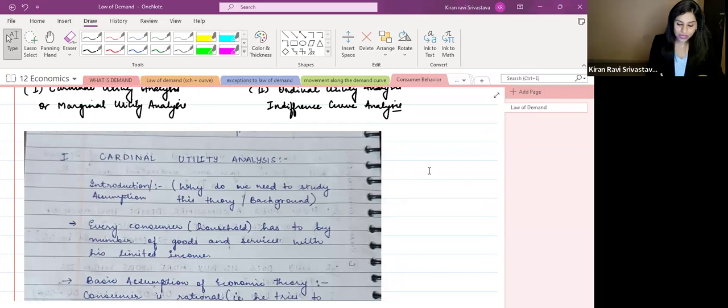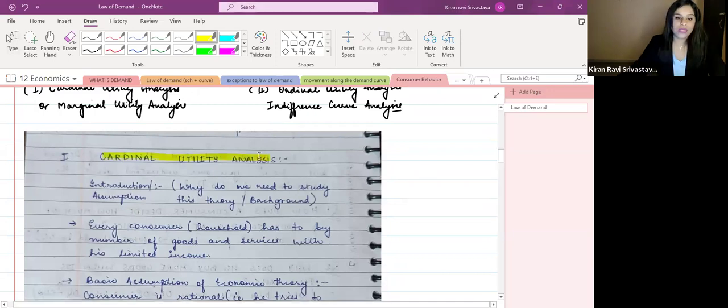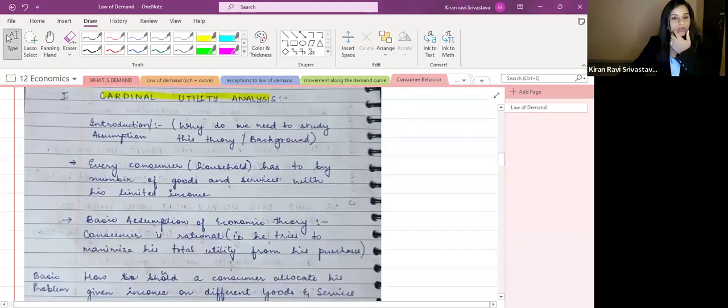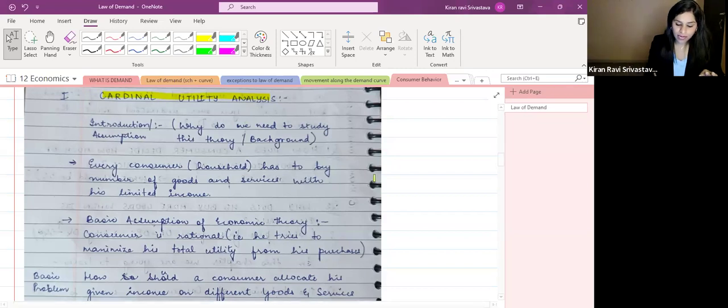So the first one is your cardinal utility analysis. And now, remember, whenever you study any law or any principle in economics, first keep in mind that you have to first understand the introduction of that.